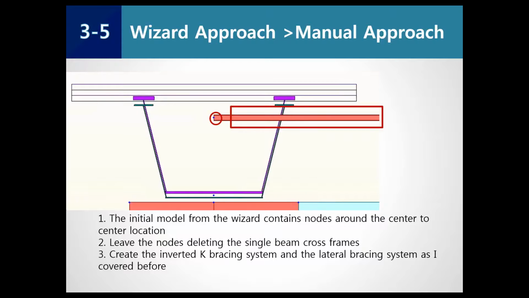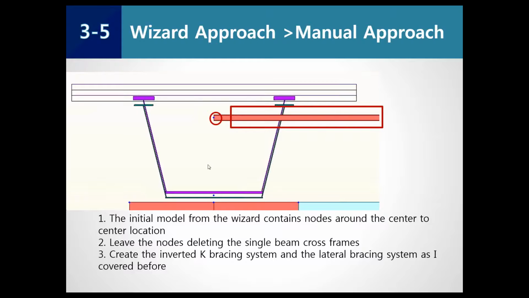And then, as I covered before, just using the node and element, you can create an inverted K bracing system, copy all the information to the other steel top sections on the horizontal alignment, and then connect the elements to make the lateral bracing system. So that will be all.